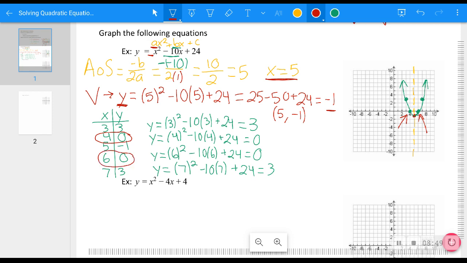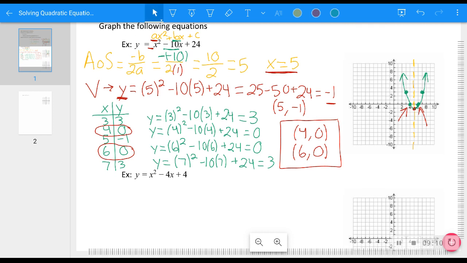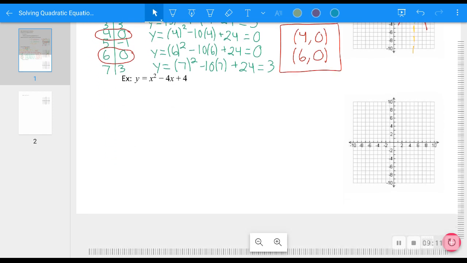So in this case, we are going to have 2 solutions. So our solutions are going to be 4, 0 and 6, 0. And then we're done. So now we'll move on to the next one.